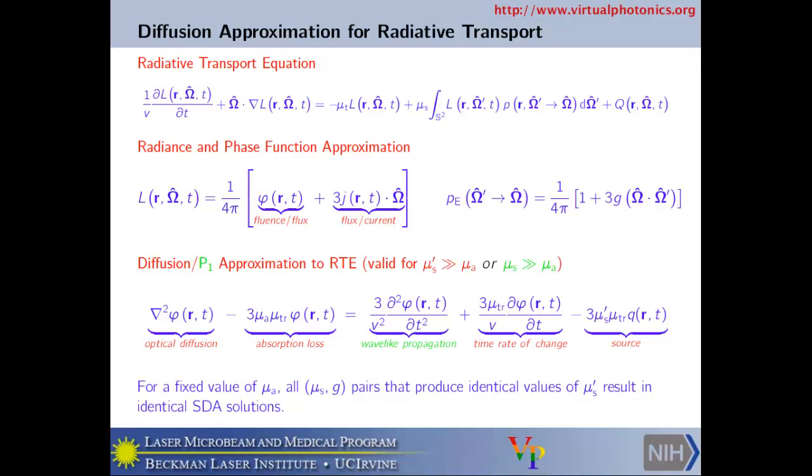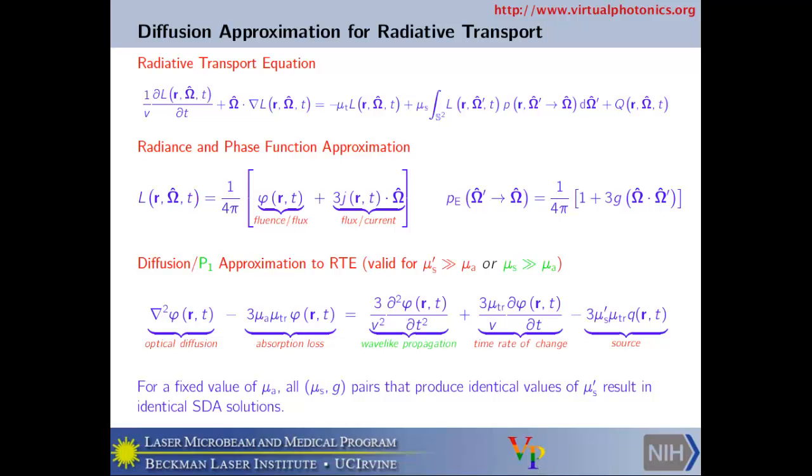Okay, so you get not mu sub S, but mu sub S prime, which we refer to as the isotropic scattering coefficient. It's the product of mu sub S times 1 minus G. So mu sub S by itself disappears in the diffusion approximation and the P1 approximation. Mu TR, again, is mu sub A plus mu sub S prime. And here you have mu sub S prime.